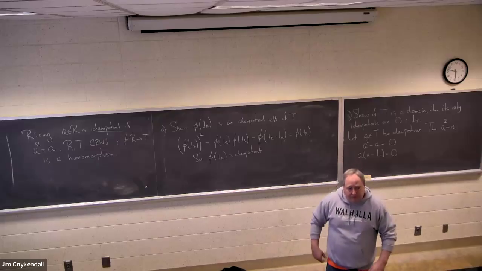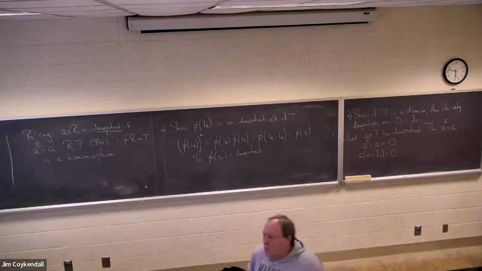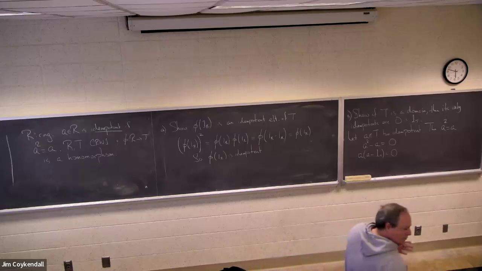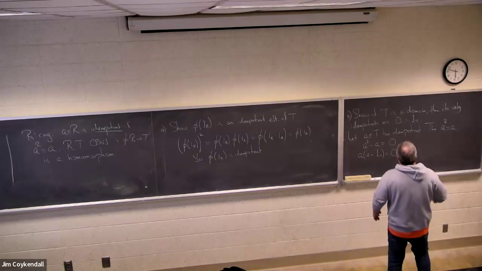So far, so good. Now, what are we assuming about T? It's an integral domain. And so what does that mean? If we've got the product of two things being zero, that means one of them has to be zero.